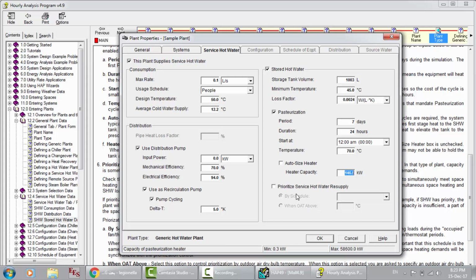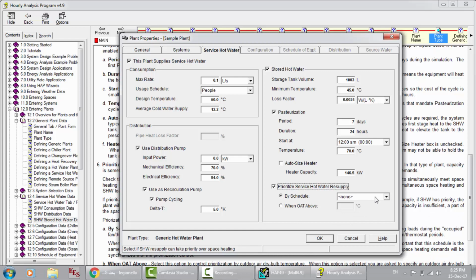But suppose you have very cold weather and you need the central heating for the zones, and also you need the service hot water, so you do not check this box. But if you want to prioritize service hot water resupply, check this box, and you can use two methods.